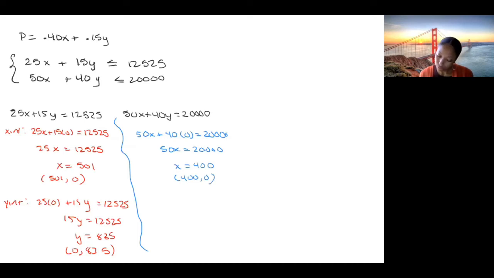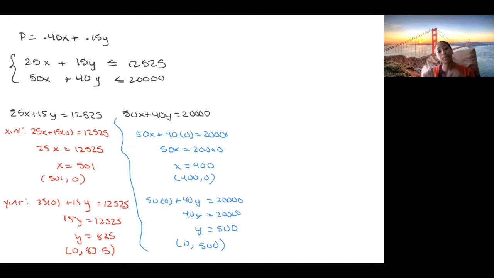And last one, 50 times 0 plus 40 times y equals 20,000. 40y equals 20,000. Y equals 20,000 divided by 40, which is 500. So 0, 500. All right. Now, what are we going to do with this information? We're going to take these points, plot the points, connect the points to draw our lines, and then find our corner points in the feasible solution region. All right, on to the next page.